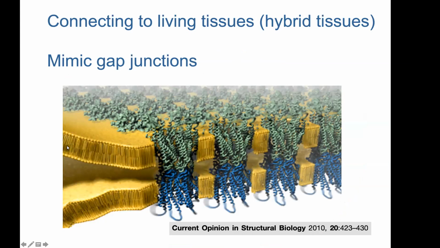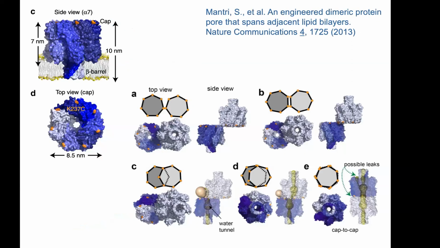There's the plasma membrane from one cell, the plasma membrane from another cell, and gap junctions are proteins that span these two so that you can transmit an electrical signal directly from one cell through to another cell. And we've been trying to mimic that, again, by using engineered pores.